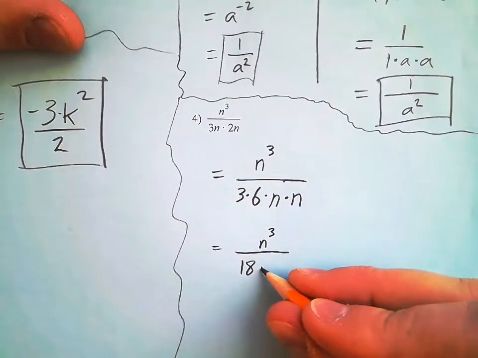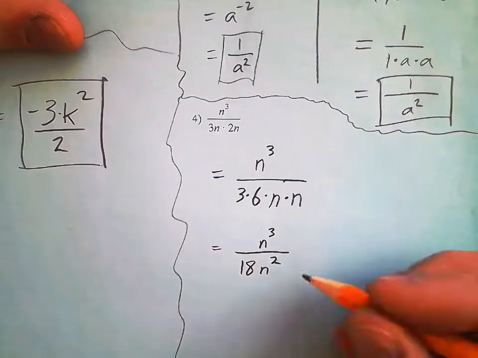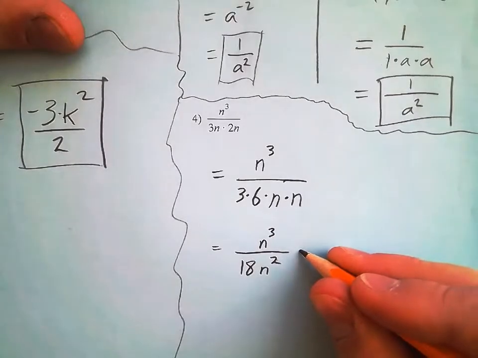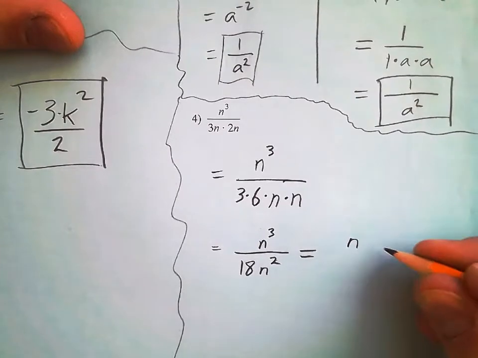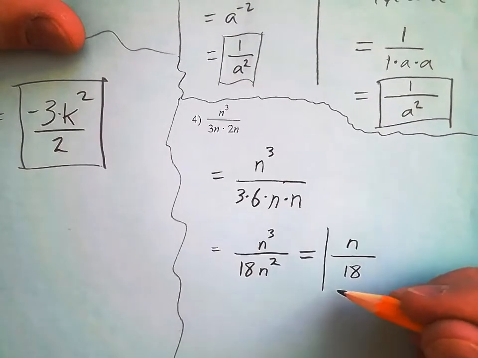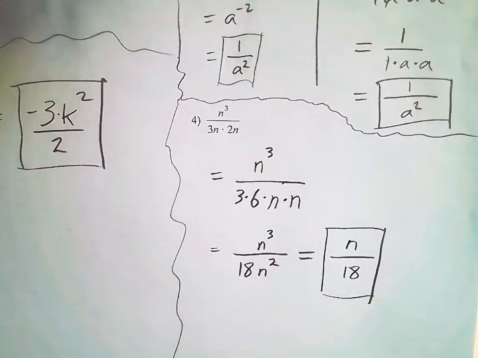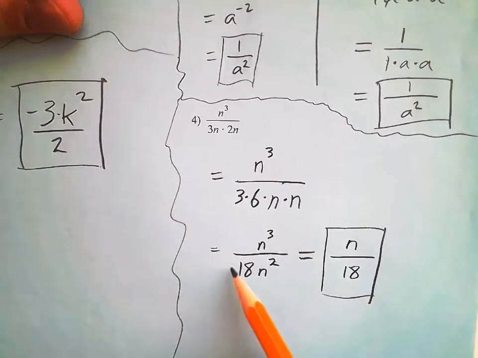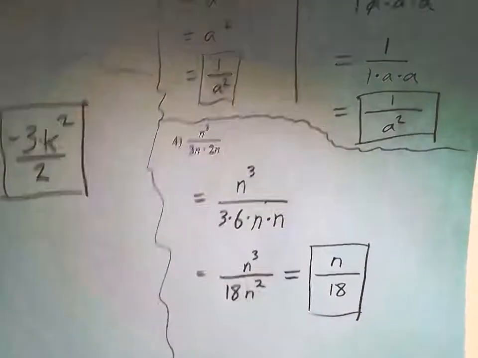So it's n cubed over 18n squared. 3 minus 2, that's going to be n to the first. Is it going to be on top or bottom? Top. Make sure you know why. If you're confused on that, ask me. If you want to write a little 1 there, that's okay. But the 18 stays on the bottom, the denominator. Okay, let's keep moving.